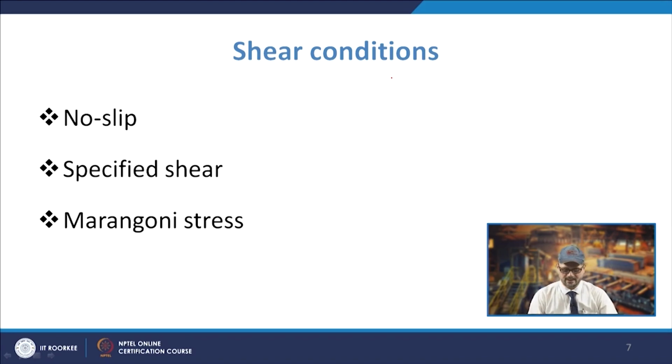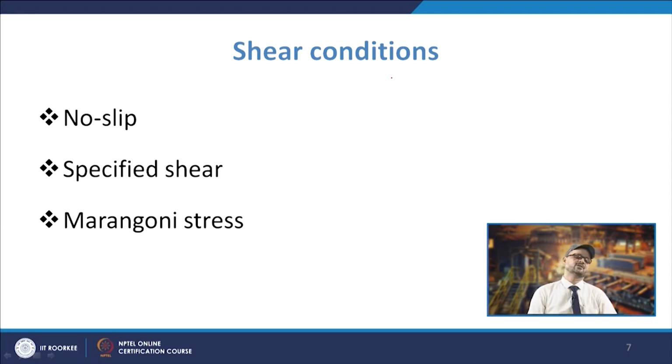In the case of specified shear, you define a certain value of the shear. In the case of Marangoni stress, this allows you to specify the gradient of the surface tension with respect to the temperature at the surface.